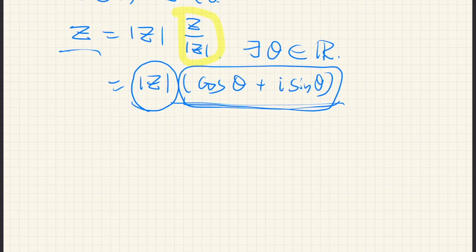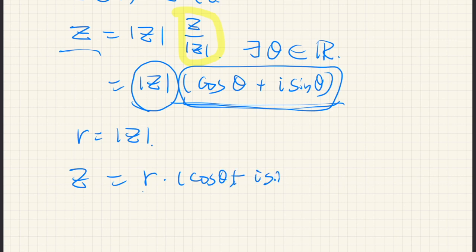And if we put r equal to the absolute value of z, then we can write any complex number in terms of a non-negative real number r times cosine theta plus i sine theta.